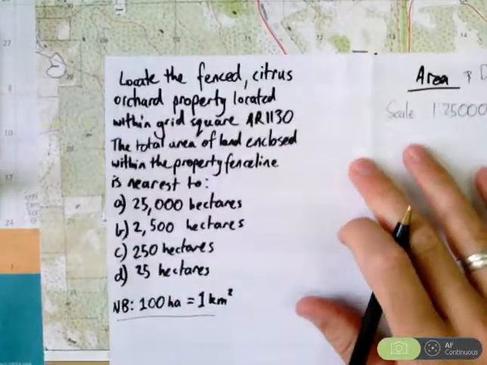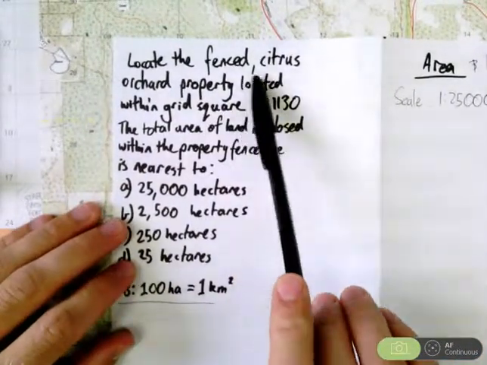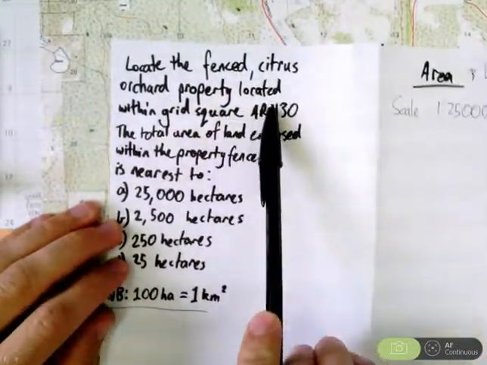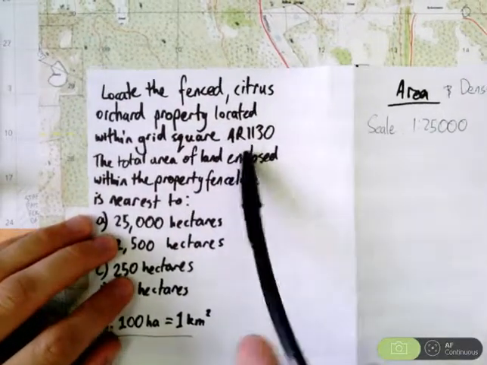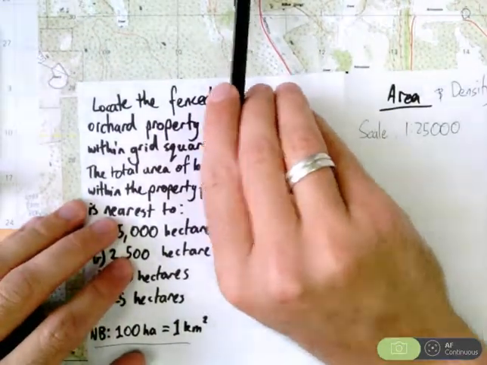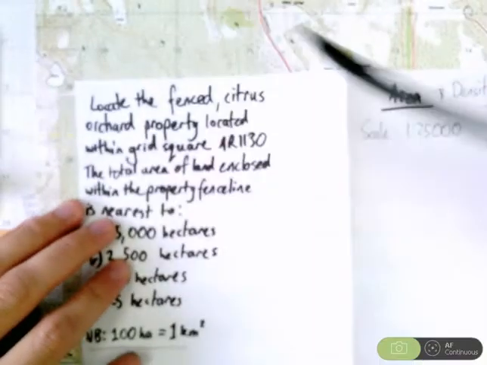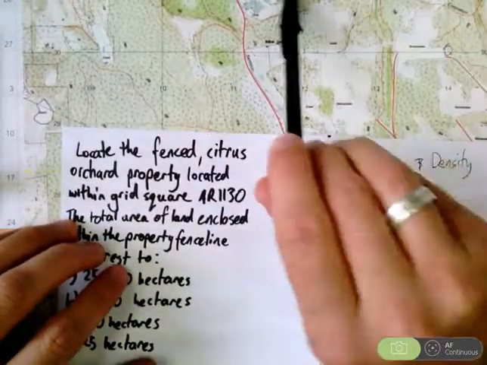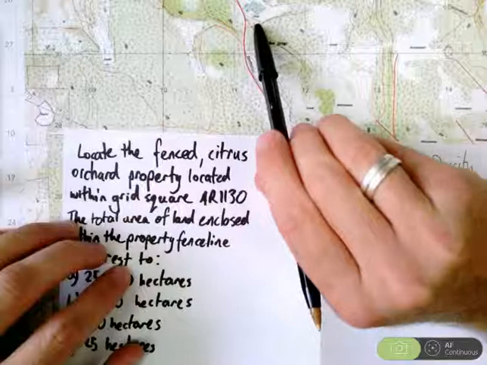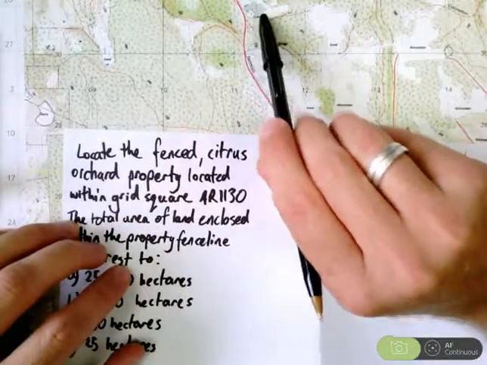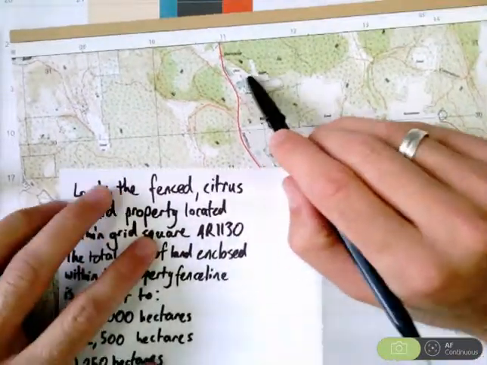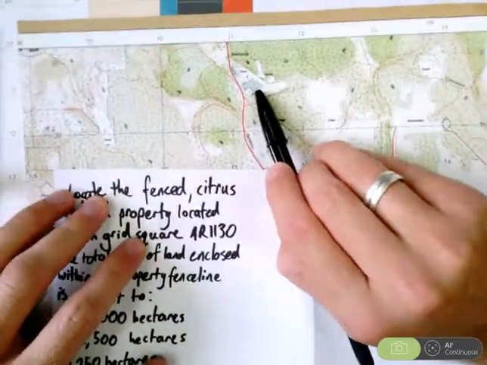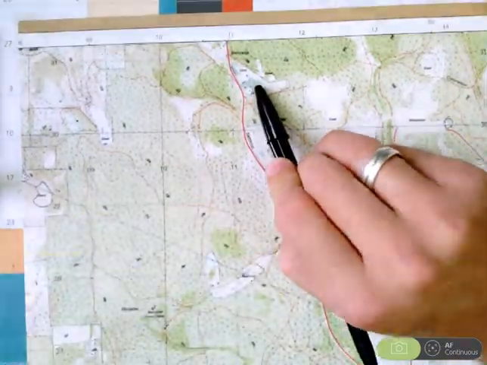From this exam, it says locate the fenced citrus orchard property located within grid square AR 1130. So that's across the hallway, 11, up the stairs, 30. So it's this one here, and you can see citrus, and those little green dots there signify orchard.